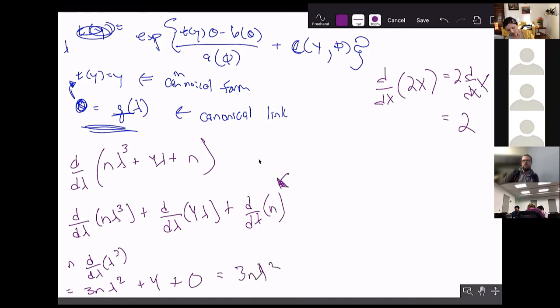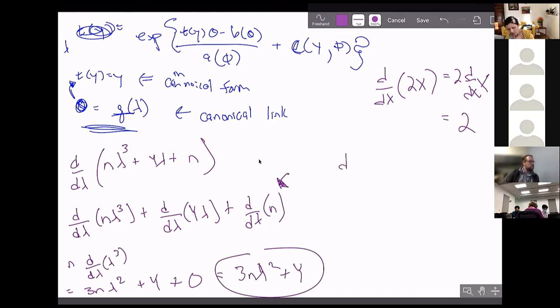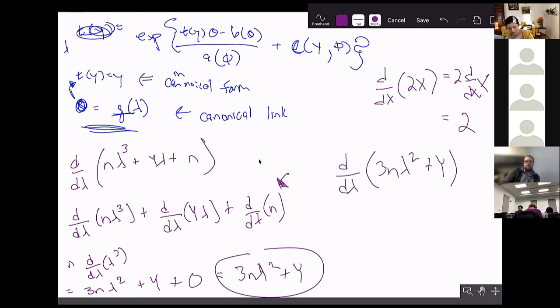As a rule, the ends or really any other thing that you come across is going to be treated as a constant when you're taking the derivative. If you take the second derivative, you just do the same thing: you take the derivative again of the expression we just came up with. So it should be 6n lambda.